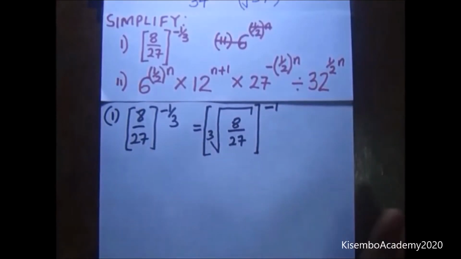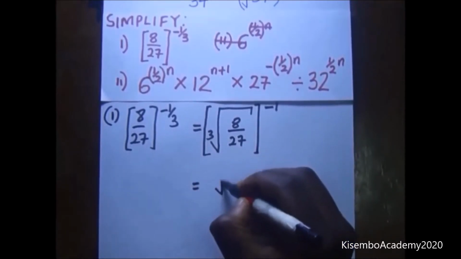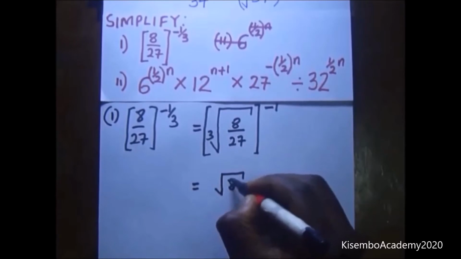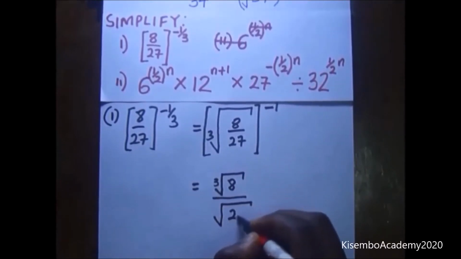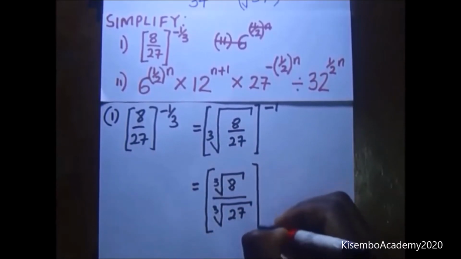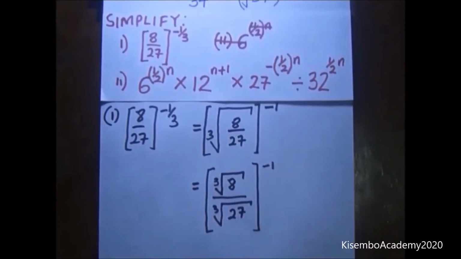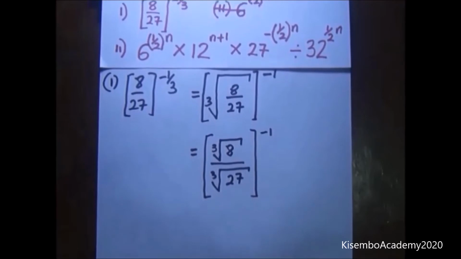As simple as that. So the third root of 8 over the third root of 27, all this is to the power -1. We are simply applying the rules we just explored before to calculate that number effectively.